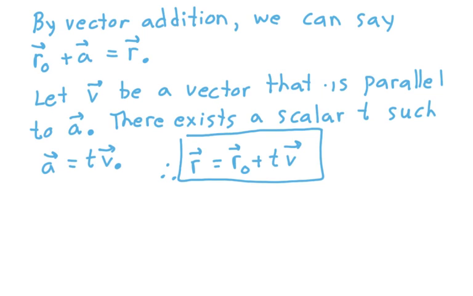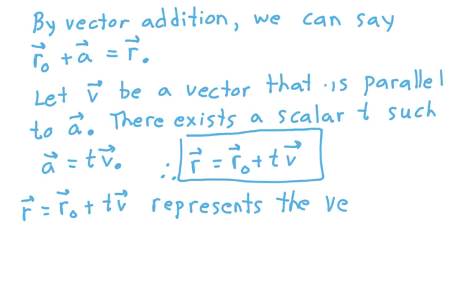Now, r equals r naught plus tv represents the vector equation of the line.